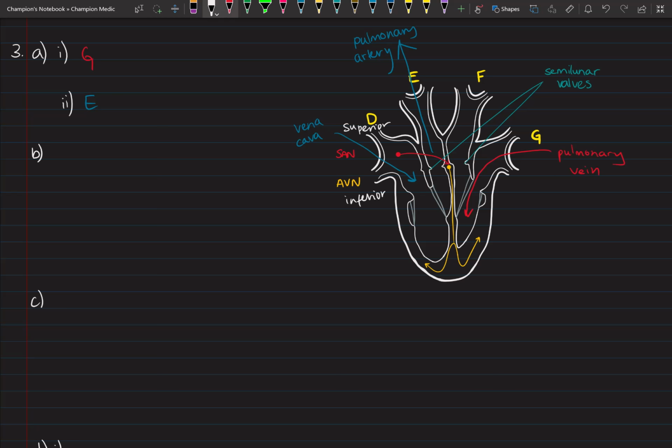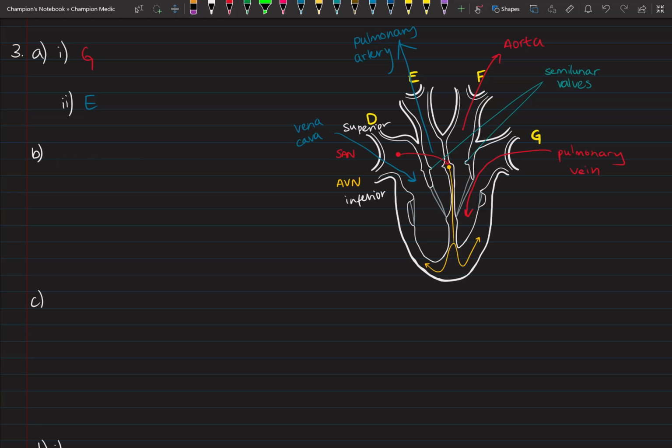It's nice to know that there are 2, so you don't get confused by the diagrams. And F is the aorta, the artery in which the oxygenated blood leaves the heart to go to the rest of the body.